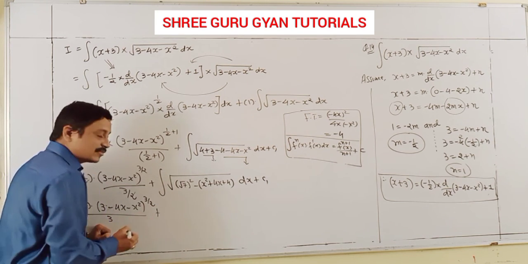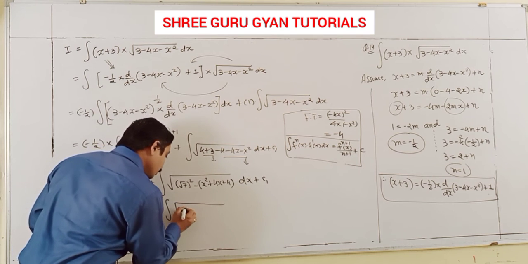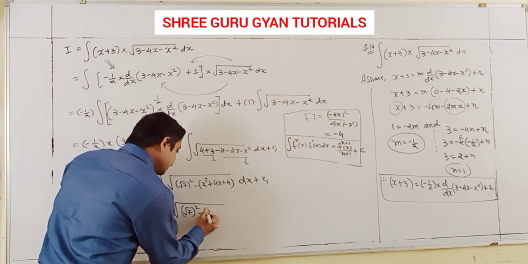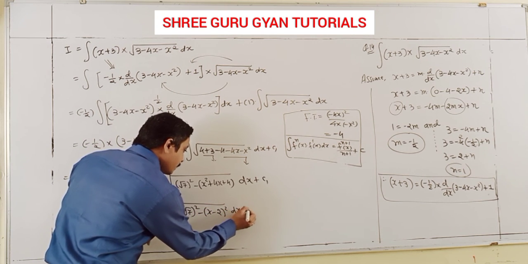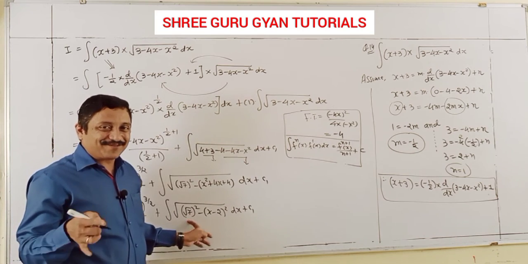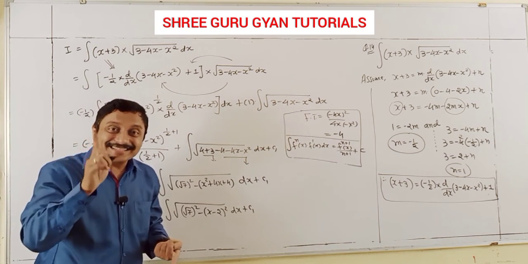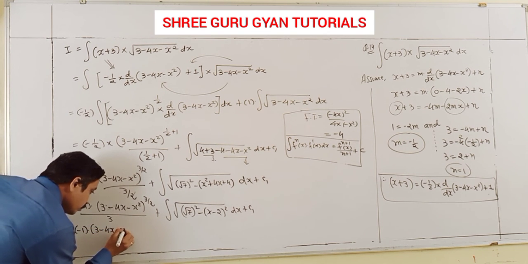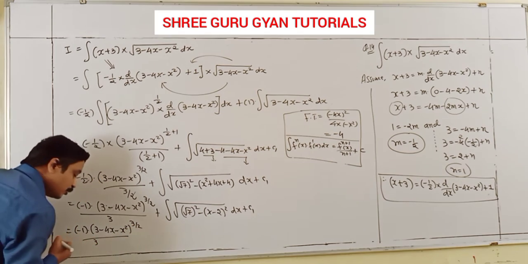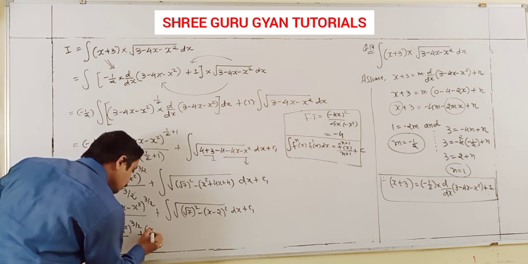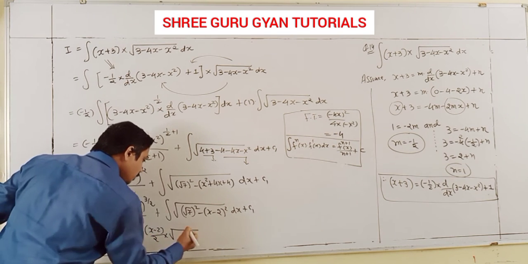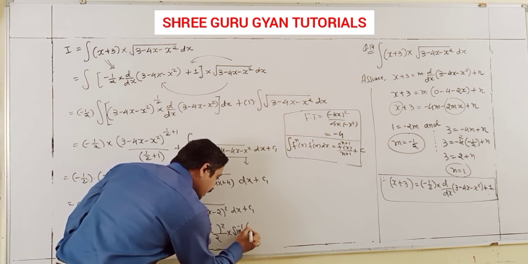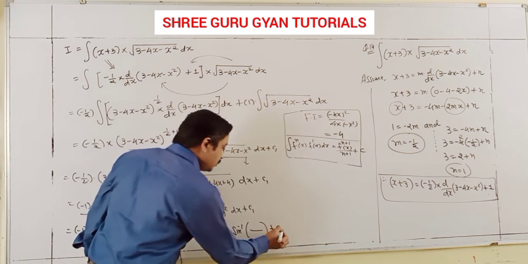And here it is a property for root 7 square, because I already defined that as the first term, and here x minus 2 the whole square, and it is known as constant square minus variable square, so what? It is sine inverse. So my answer is minus 1 by 3 raised to 3 by 2, and here x by a under root plus a square by 2 sine inverse, plus c1 plus c2.